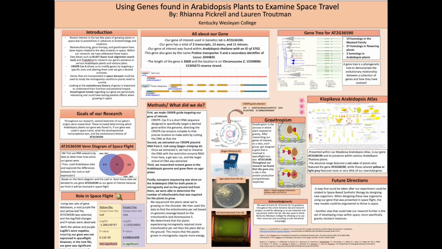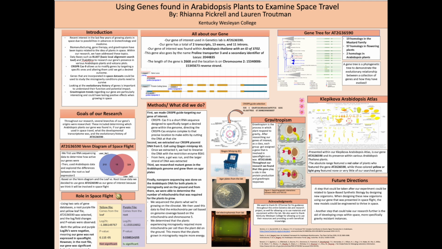In the yellow leaf and the purple root databases, the log2FC values were negative, indicating our gene was not expressed or was downregulated in spaceflight conditions. However, the root dataset showed that the gene was statistically significant, which could suggest a response to spaceflight. These results provide insights into the differential expression of our gene in response to spaceflight conditions in different plant tissues.